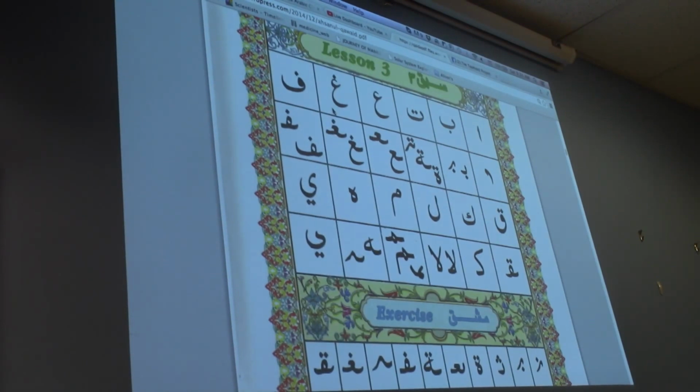Try to familiarize yourself with this. And then if you feel you're ready, there's an exercise below that. You can take a look at that and try to test yourself.